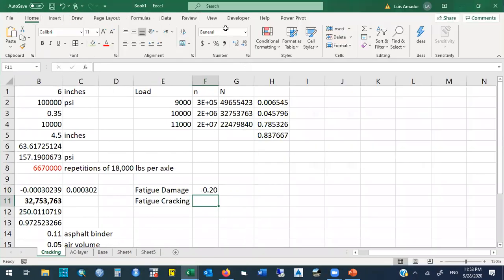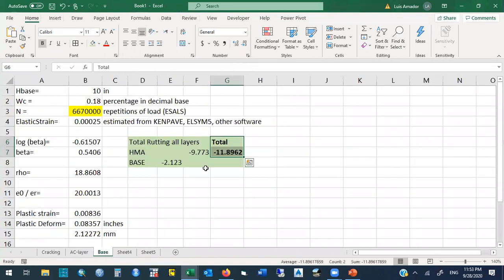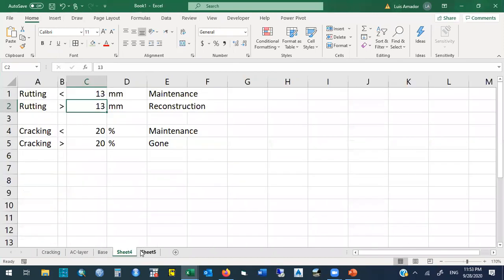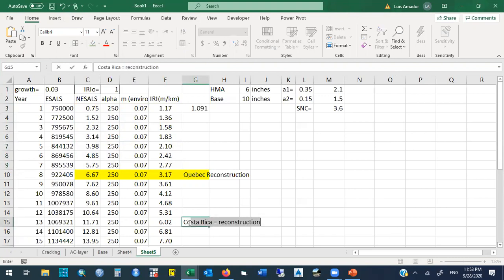But the point is, for these indicators, for cracking and for rutting, the values are clear. You can get a percentage there, or you can get millimeters here. And you know when you need to do repairs. But here in roughness it is a little difficult, really. As I said, in Costa Rica, they are using this. So this will be 11.71 million.